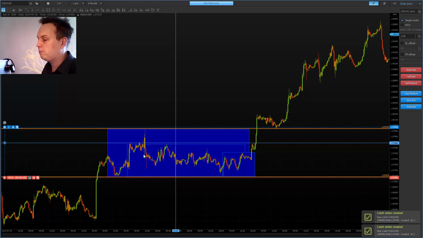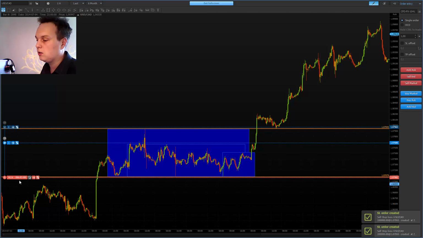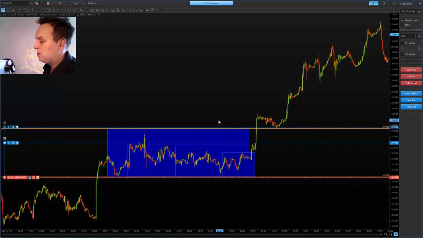If we place the order a bit lower, our stop loss would go down to 62 pips, so it's like 30% less. Okay, it's good. But what's the case here? We have a lower probability of executing our trade.